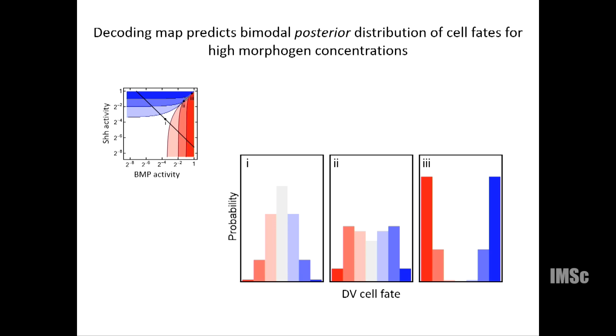And now if I replot it in terms of specific cell fates, the prediction would be that if we take the tissue and expose it to high concentration of both morphogens, we could see a mixture of dorsal and ventral fates. And I was very excited about that. You do your theory, you work a lot, and then this is a genuine prediction that tells that if you now take the tissue explant and you expose it to this high concentration, you would get a mixture of cell fates.